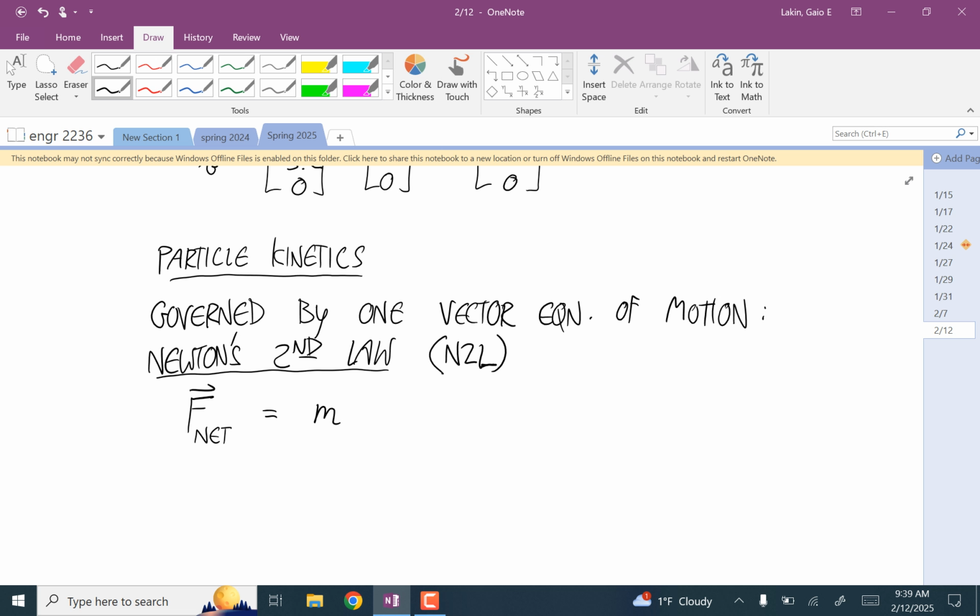So we have to be really careful about what point we're choosing on a body for this equation. This is true for some choice of acceleration and not true for the acceleration of some other point. So what's the point on the body? Center of mass, yep. And so not necessarily the geometric center, but center of mass. Are we in this class? Yeah, we are going to have to, yeah.